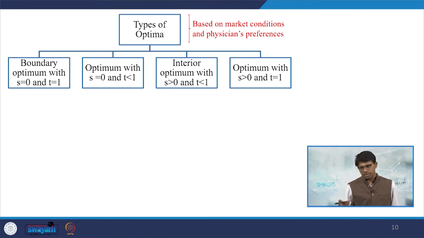So, all possibilities: S is basically induced supply units, which might be 0, or T might be the maximum utilization, or other boundary possibilities. S equal to 0, T equal to 1; T is less than 1, S is greater than 0; and S is greater than 0 and T equal to 1, etc. All 4 possibilities are discussed.